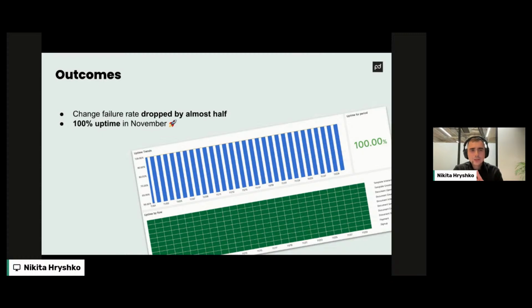For example, last time we had 100% uptime. Of course, it's not only because of our new stack, this is collaborative work on different layers, on different levels of development. Still, we believe that our new observability stack helped a lot our engineers in their day-to-day battles.